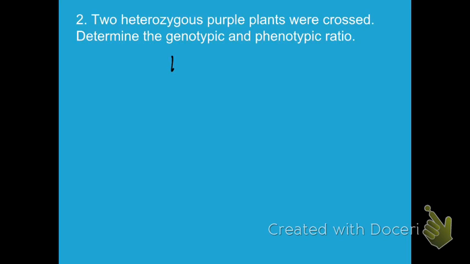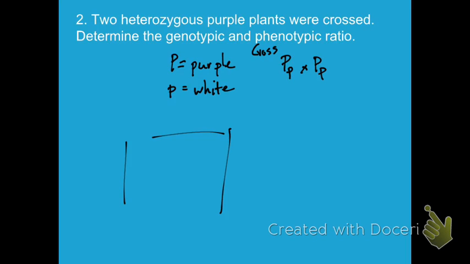So we know that purple is dominant and white is recessive. So big P is purple and little p is white. If there are two heterozygous, it's going to look like this. This is what we call the cross.